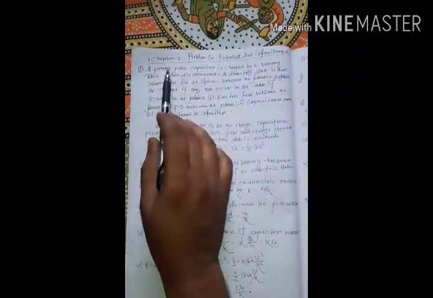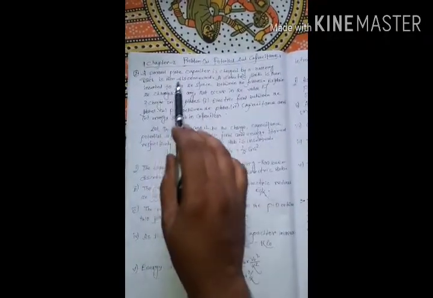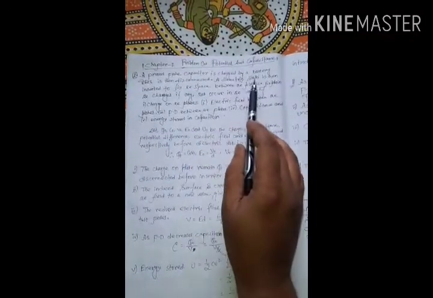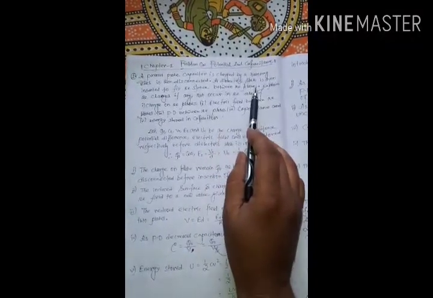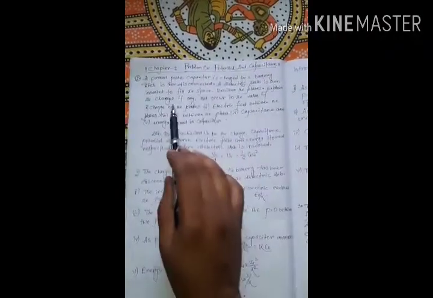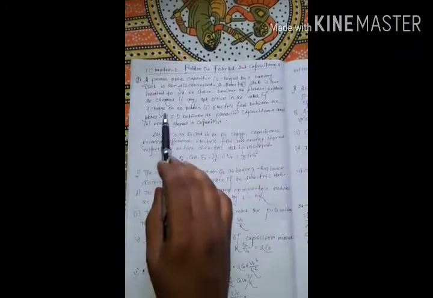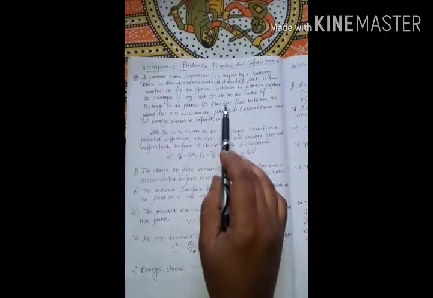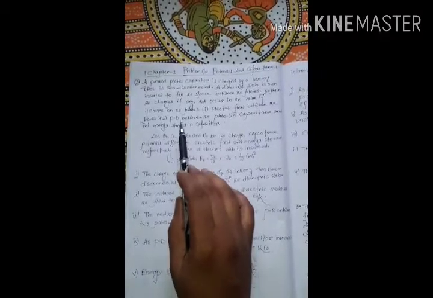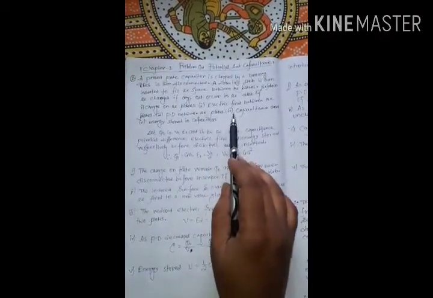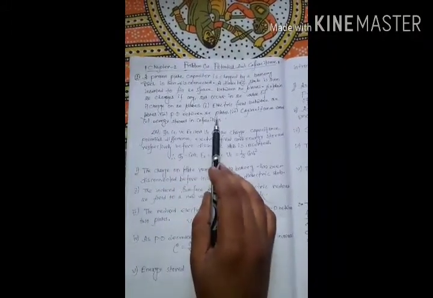A parallel plate capacitor is charged by a battery which is then disconnected. A dielectric slab is then inserted to fill the space between the plates. Explain the changes, if any, that occur in the value of: number 1, charge on the plate; number 2, electric field between the plates; number 3, potential difference between the plates; number 4, capacitance; and number 5, energy stored in the capacitor.